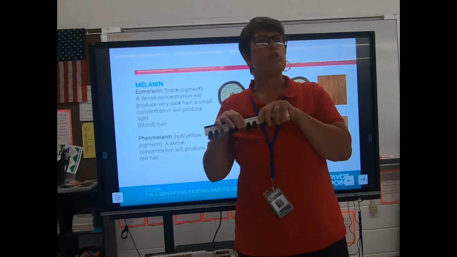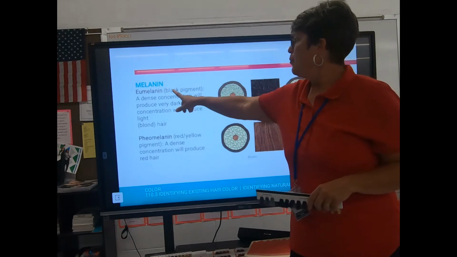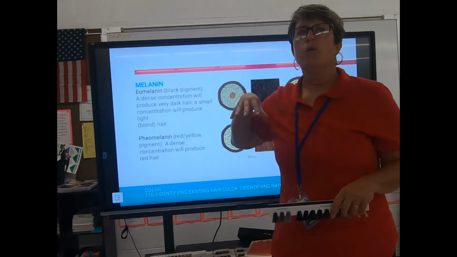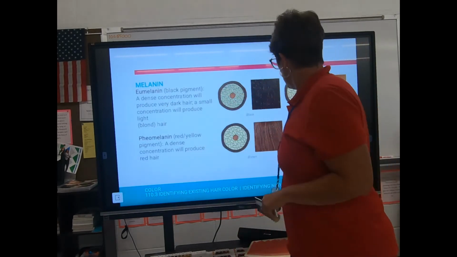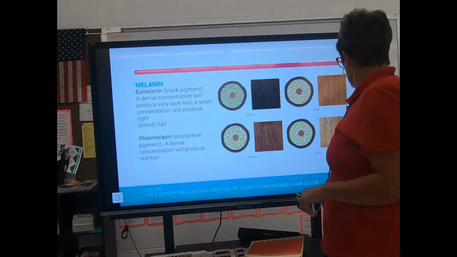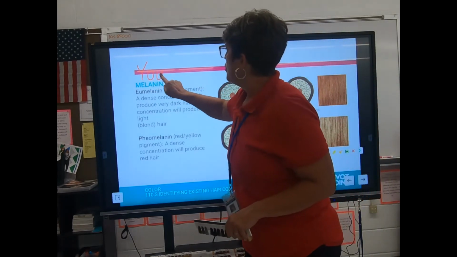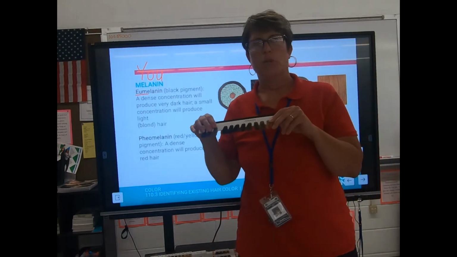A lot of 4s and 5s naturally. A 4 and a 5 will have a lot of dark pigment in it. So we're going to say most of you have dark hair, okay? Eumelanin is dark.